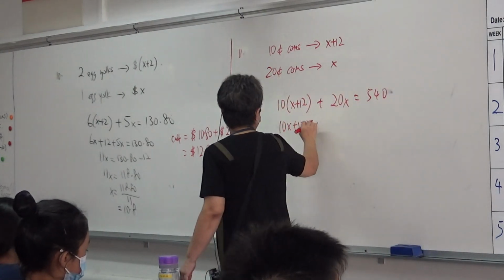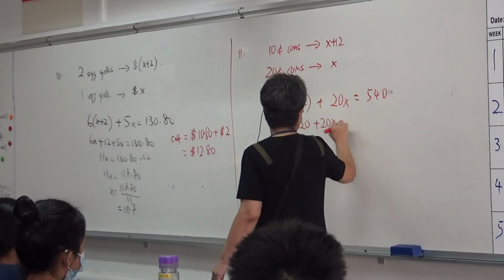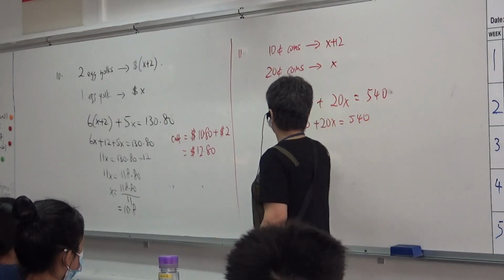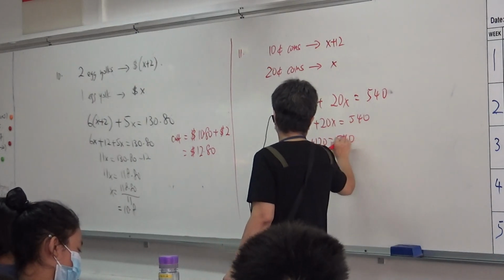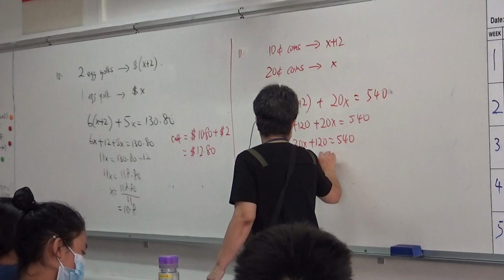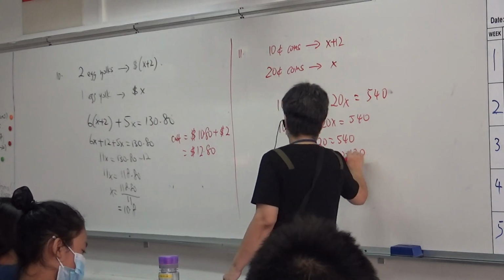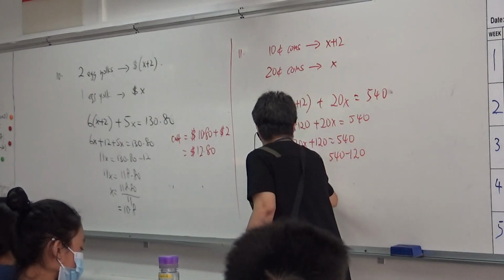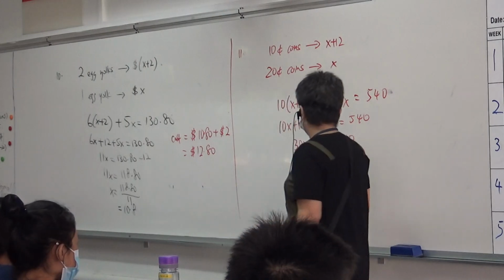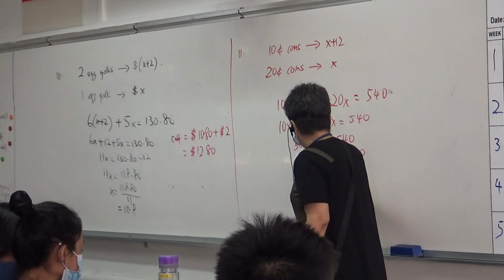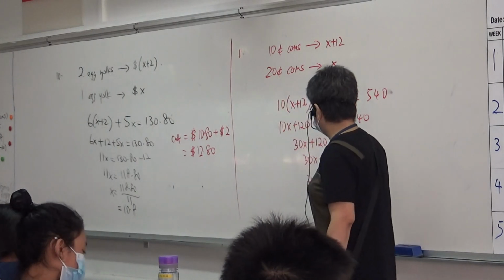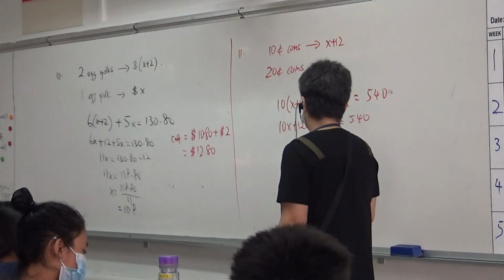Now go to expand. 10x plus 120 plus 20x equals 540. 30x plus 120 equals 540. 540 minus 120, right? 30x will be, what's this? Is it 320? Did I make a mistake?